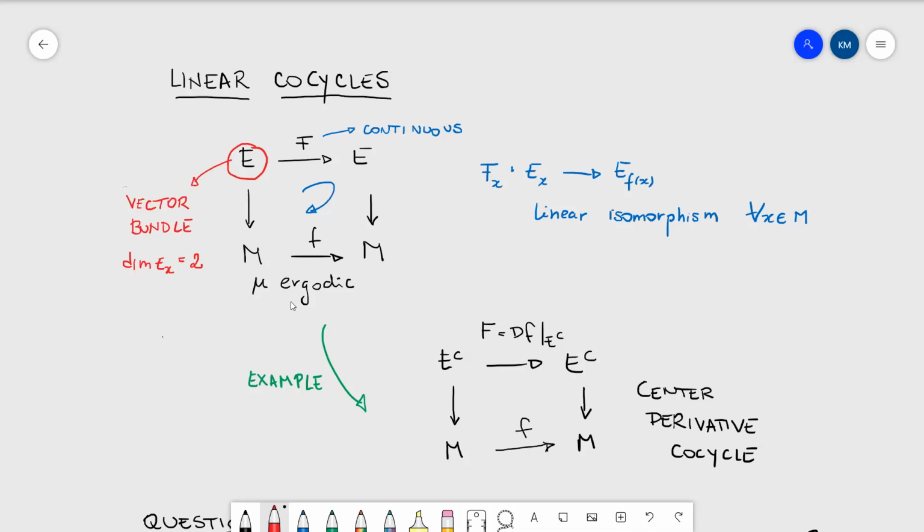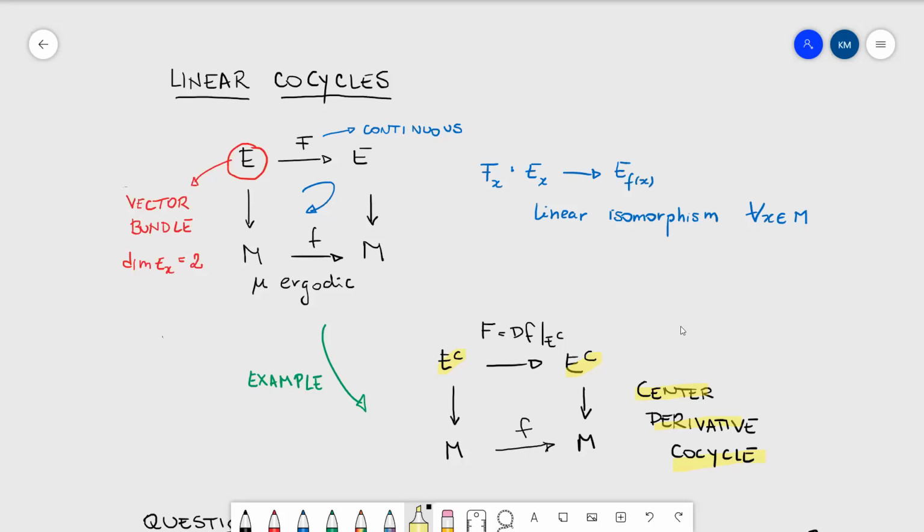So the first example that you can think about is what I'm calling here the center derivative cocycle. What I'm doing is taking the center bundle that I fixed as two-dimensional, and it is very easy to see that I can define this linear cocycle that is just the derivative of the map restricted to the center bundle. So this map is a particular case of a linear cocycle.